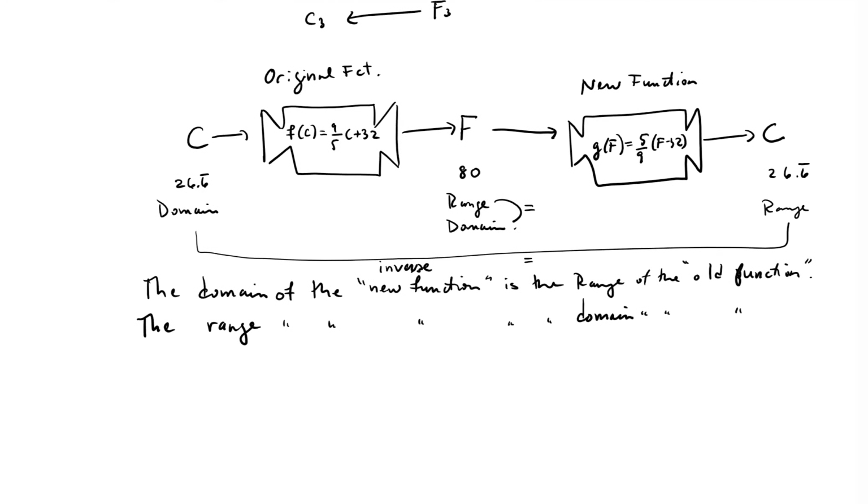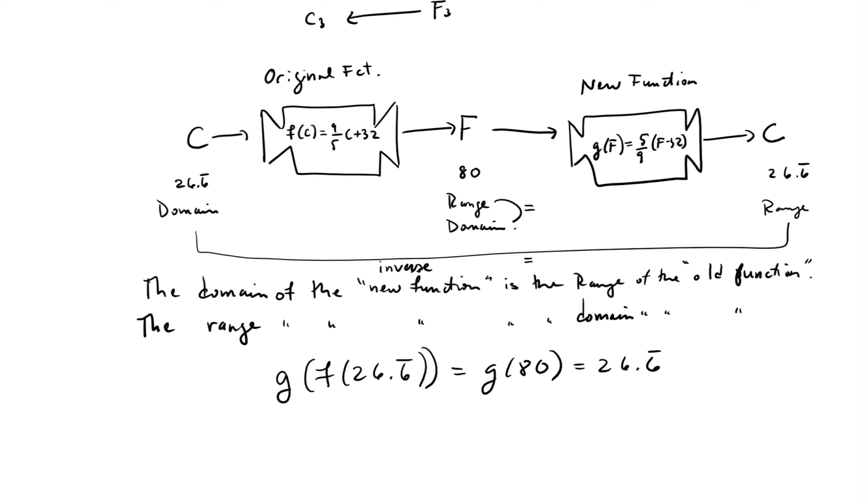Also, using the function notation we have here, if I do g of f of 26.6 repeated, f of 26.6 repeated is 80, right? So if you feed 26.6 into the function machine f, it outputs 80. But then if you feed 80 into g, the inverse function, it outputs 26.6 repeated.